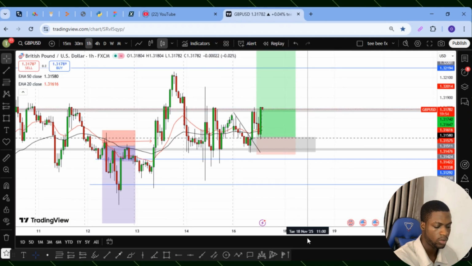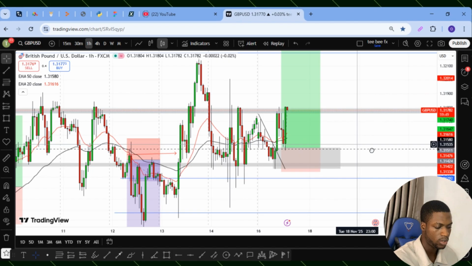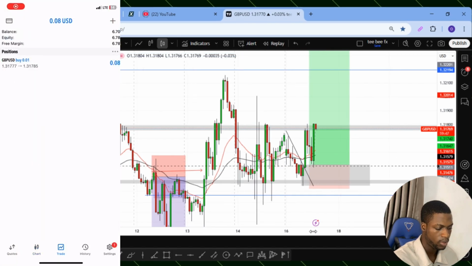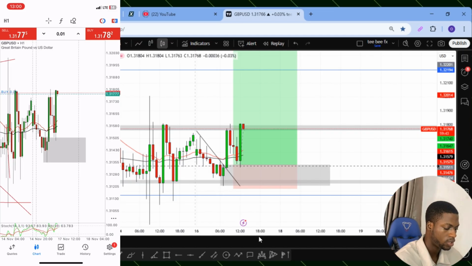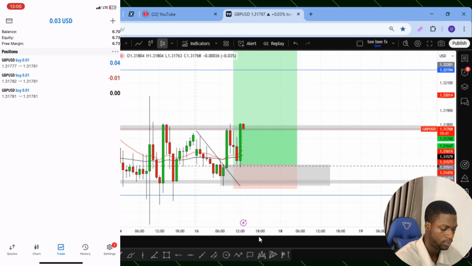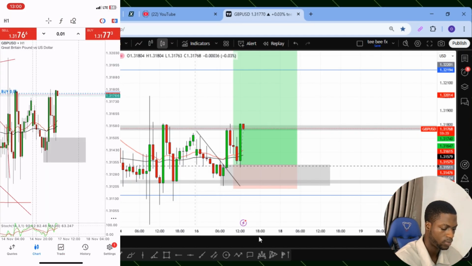Okay guys, I'm going to take a re-entry on this trade. The impulse is back into the market, so I'm going to take another trade. This is the $6.70 that I had left.